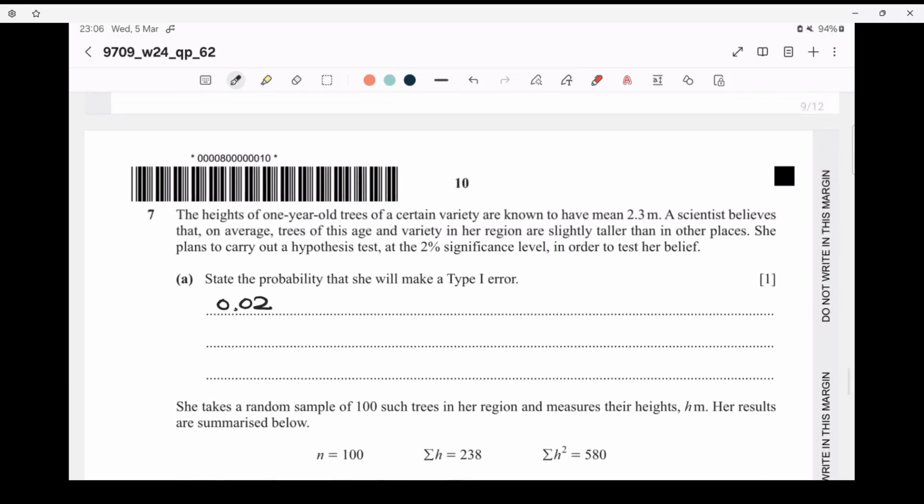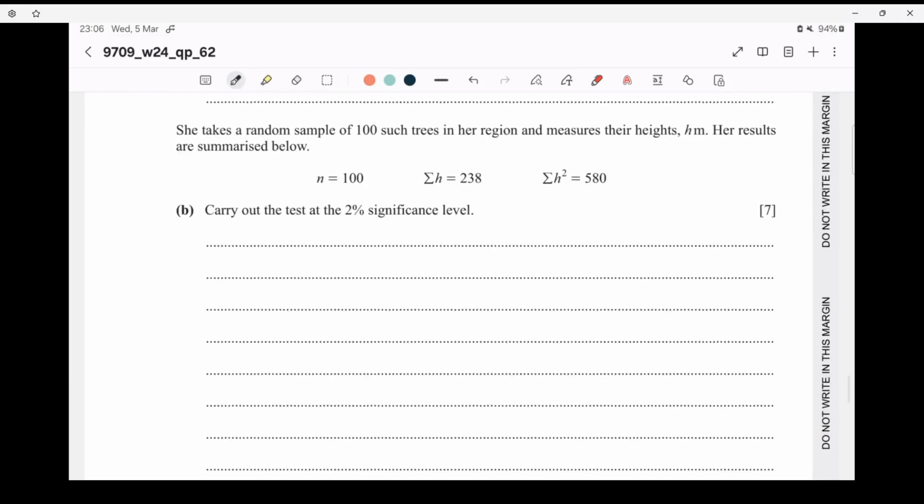So let's do it one by one. First thing, you need to calculate your x bar. X bar will be 238 divided by 100, which is 2.38.